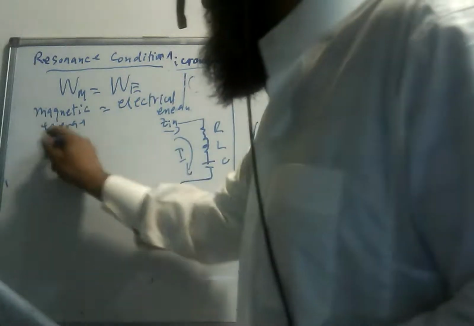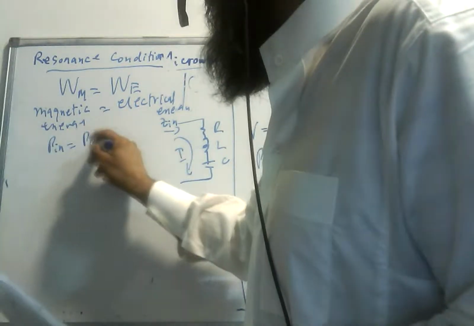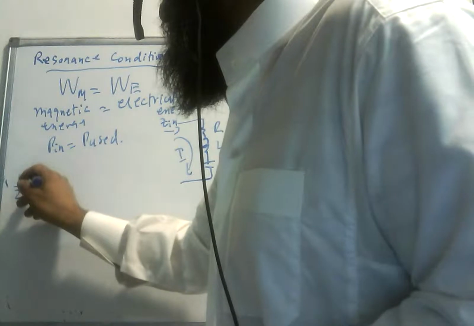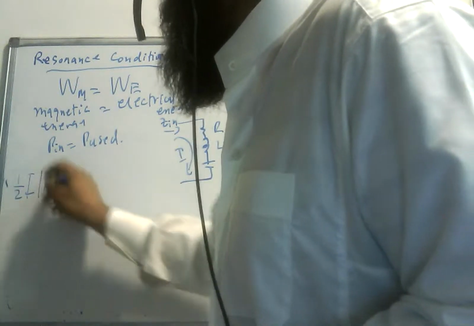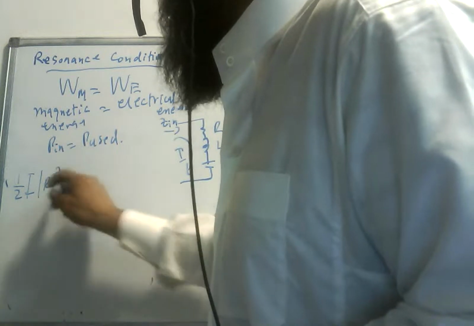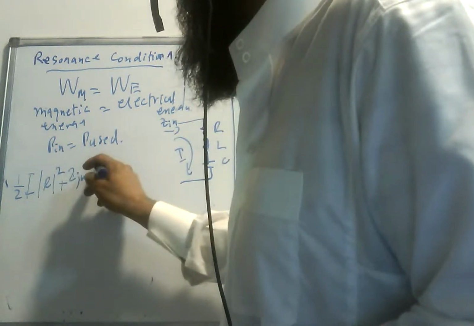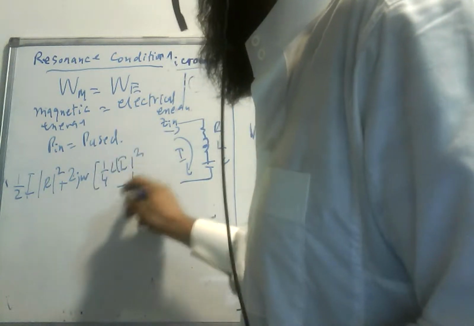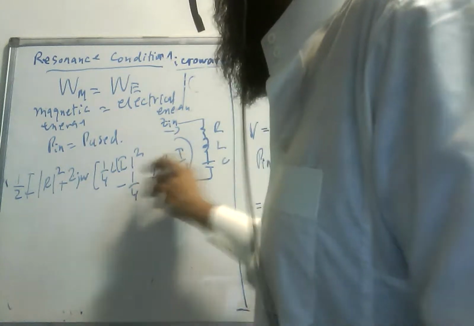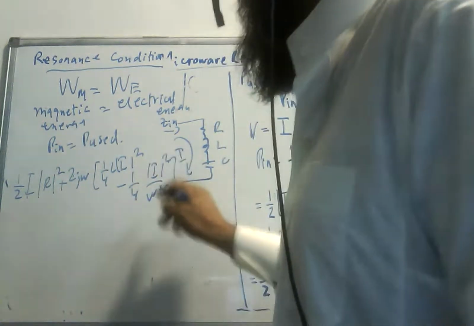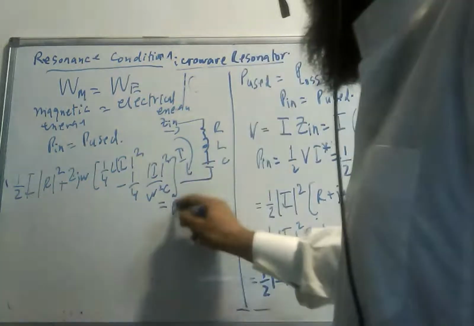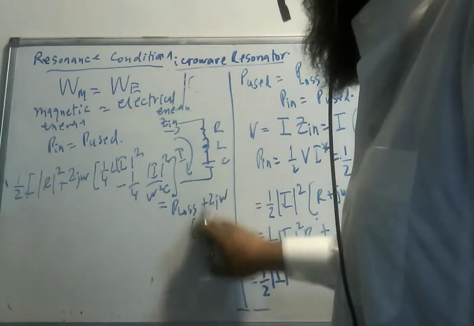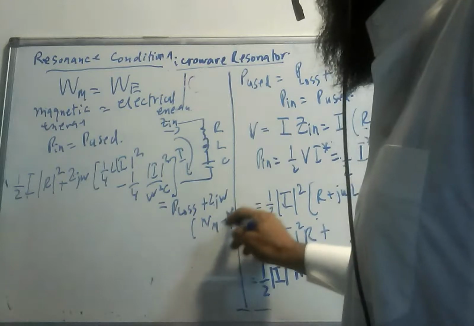So P input is equal to the power used by the circuit, which is 1 by 2 I square R plus 2 j omega times 1 over 4 L I square minus 1 over 4 I square divided by omega square C. This is equal to P loss plus 2 j omega times (W_m minus W_e).